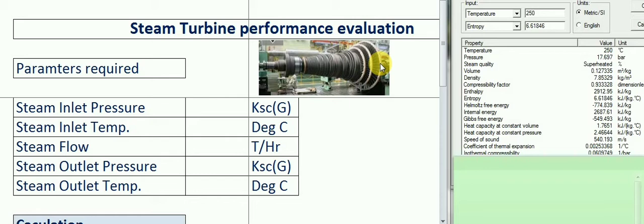That means the energy stored in the steam will be converted to rotational force, in the form of rotation, which can drive the compressor or generators or pumps.